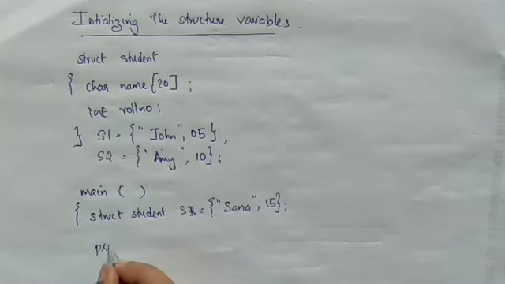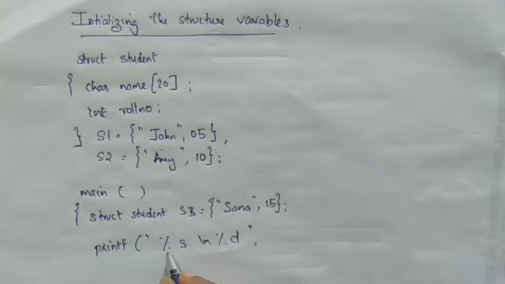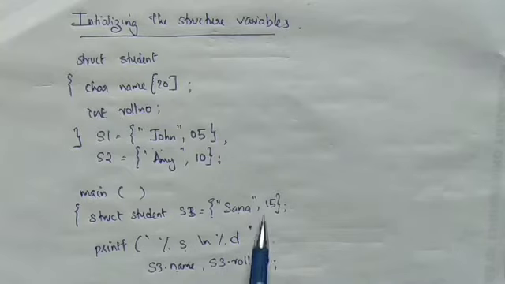If you give a printf statement, with this for character and this for integer, s3 dot name comma s3 dot roll number. So s3 dot name has Sana and s3 dot roll number has 15. So the output here will be Sana and 15. That is, you use the dot operator for accessing the variables.